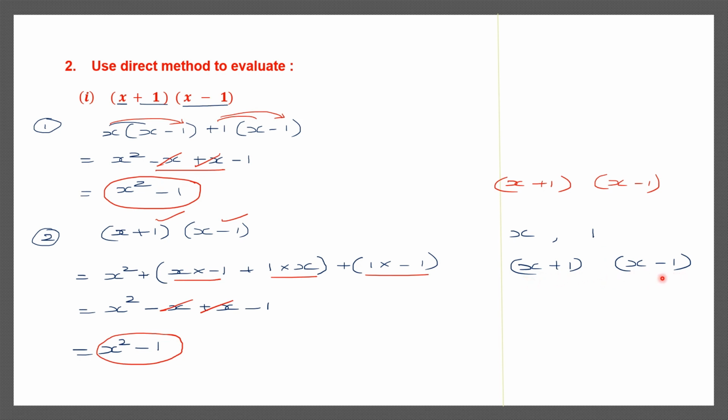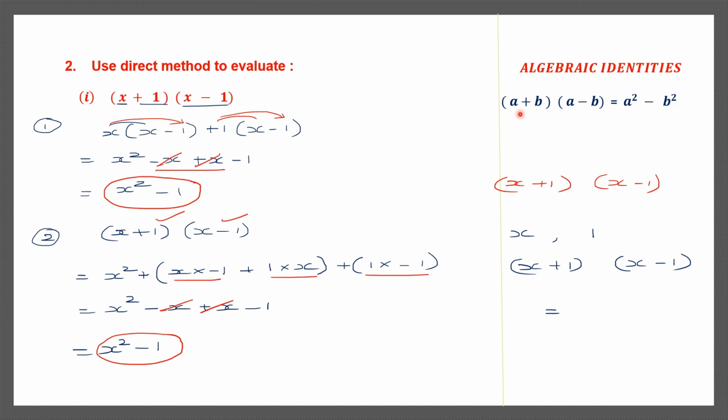Now the product of these two, if you multiply these two as we have done here and here, if you use algebraic identities, all you have to do is use this formula. It says if the first term is the same and the second term is the same, that means you're finding the product of the sum and the difference, all you have to do is use this formula, a squared minus b squared.